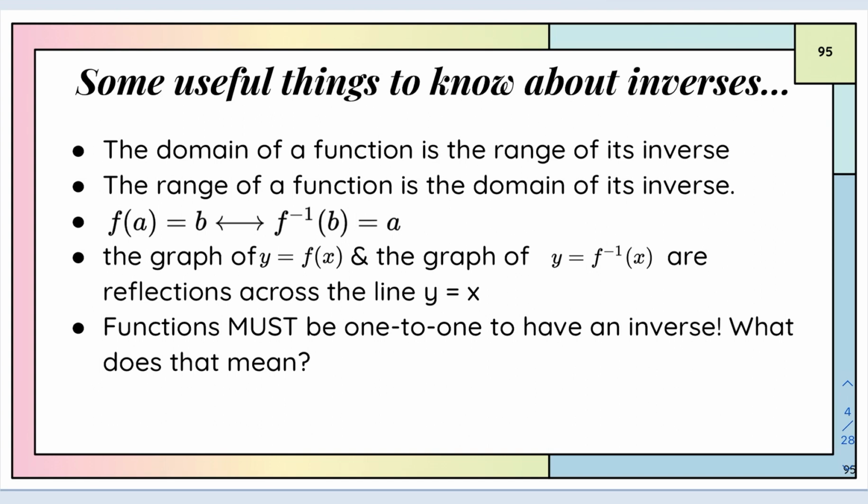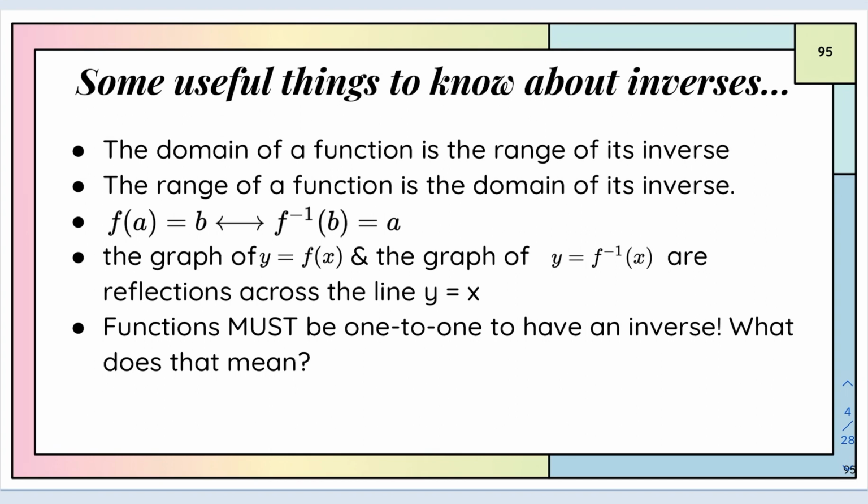The first one is that the domain and range flip-flop for functions and their inverses. So the domain of a function is the range of its inverse. The range of a function is the domain of its inverse. Okay? Within that, all of the ordered pairs are switching, which is what that third bullet point means.